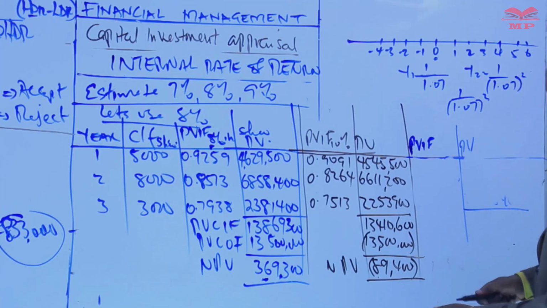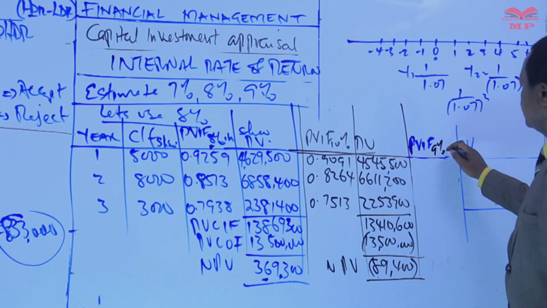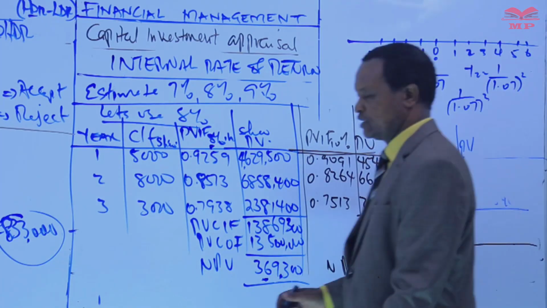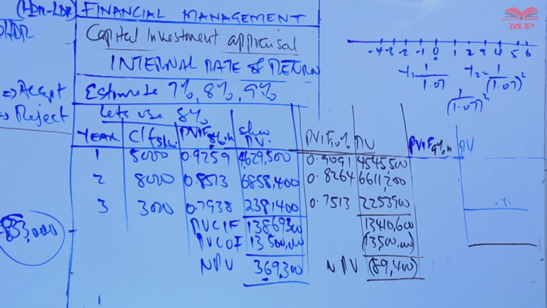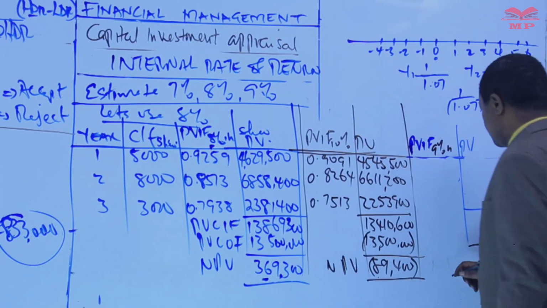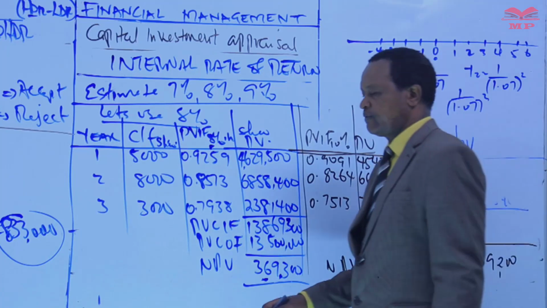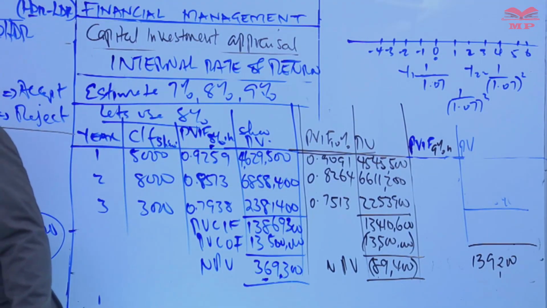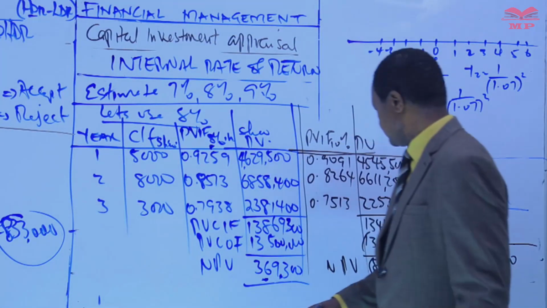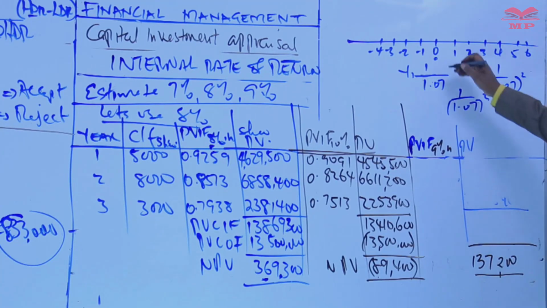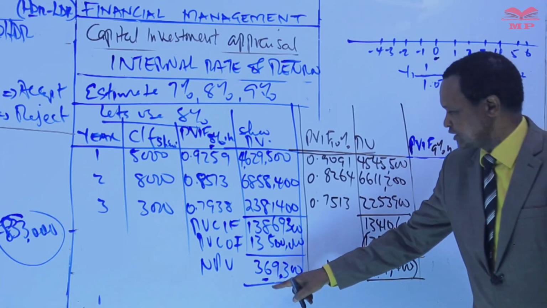When you use 9%, what is the NPV? It is 137,200, positive. This 137 is closer to 0 than the 369.